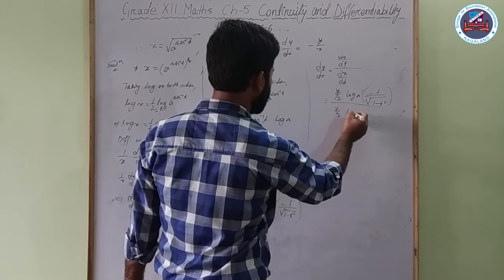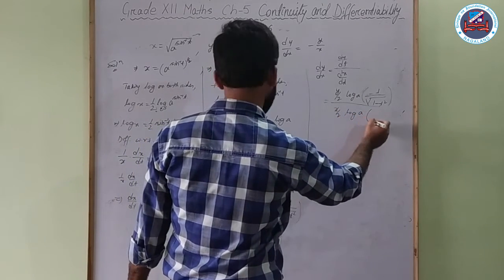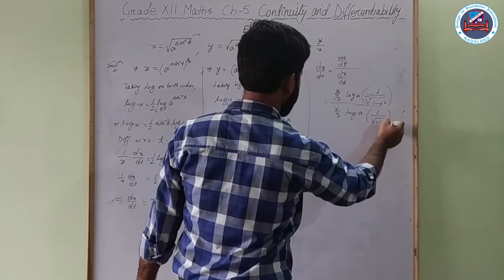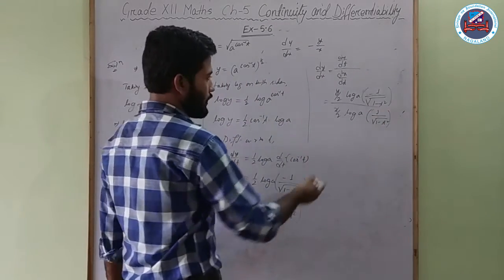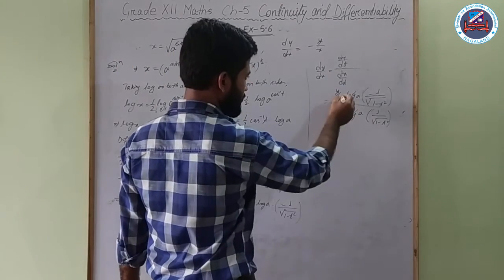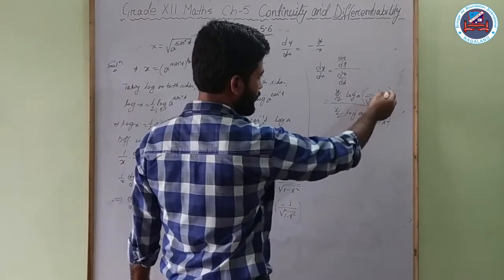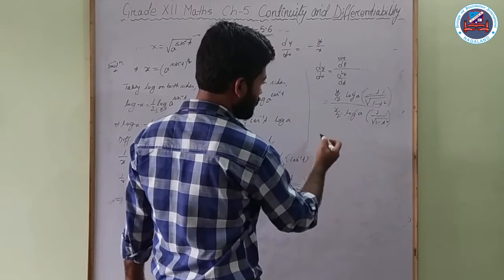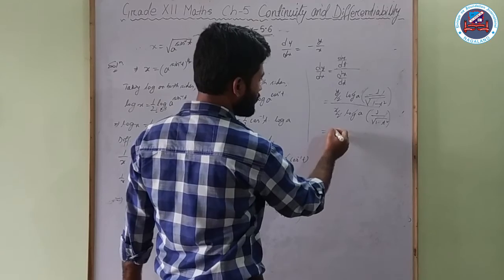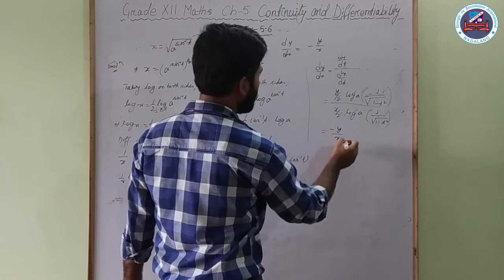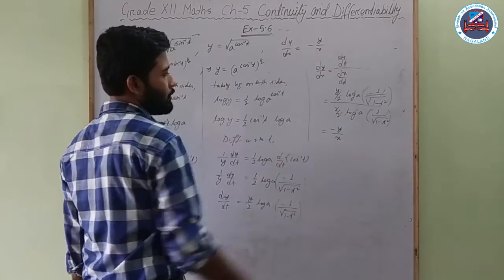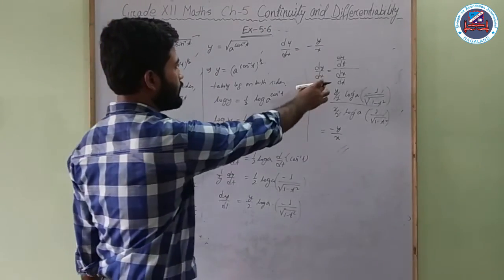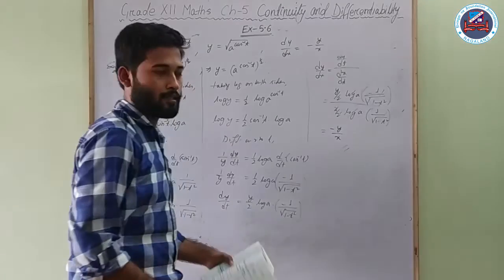It is x by 2 log a into 1 by root over 1 minus t square. So I can cancel out the log a, cancel out 1 by 2, and cancel out 1 by root over 1 minus t square. I should be remaining with minus y by x here. So this is what we need to find. Thus we have proved that dy by dx is equal to minus y by x.